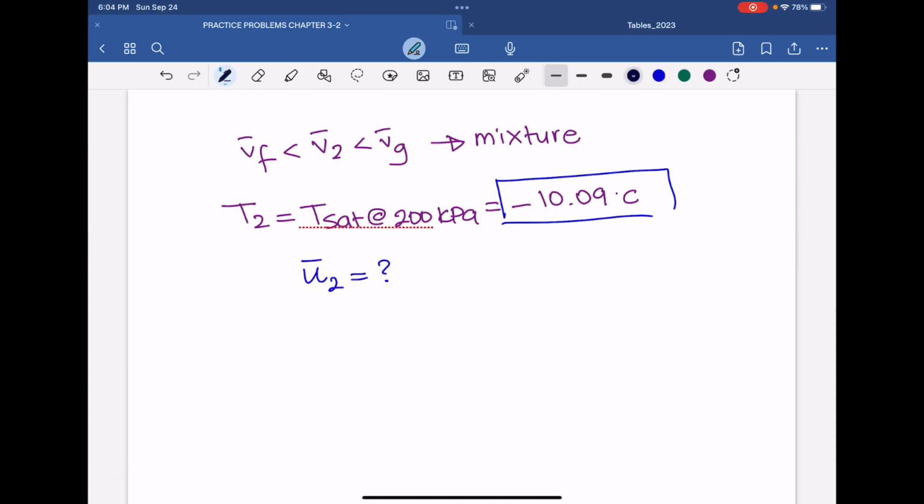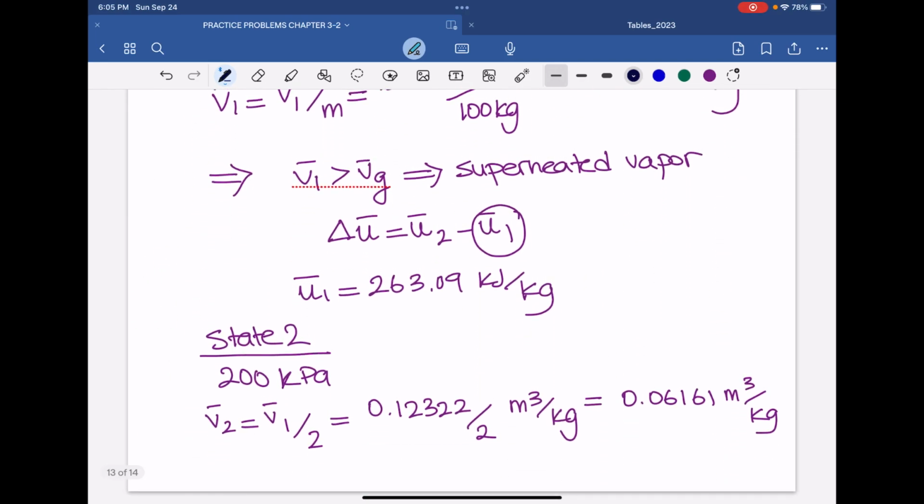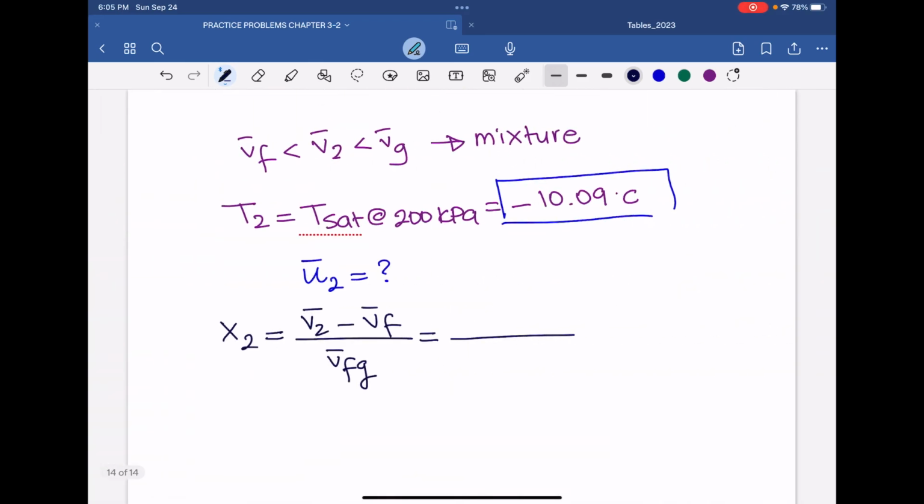But finding this is gonna require us to calculate the quality, because it's a mixture. I cannot directly read this from the table. Therefore, we need to calculate quality at the second state from a known property, which is the specific volume in this case. The second state specific volume is known. It's here.